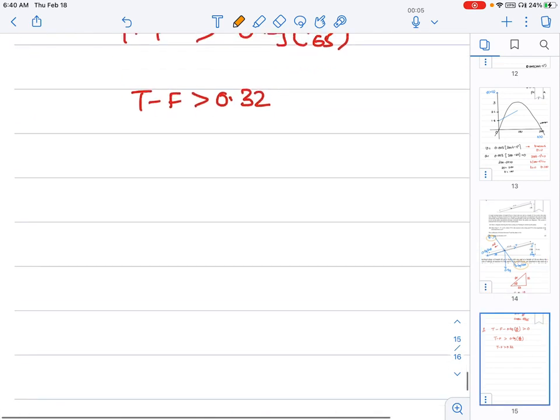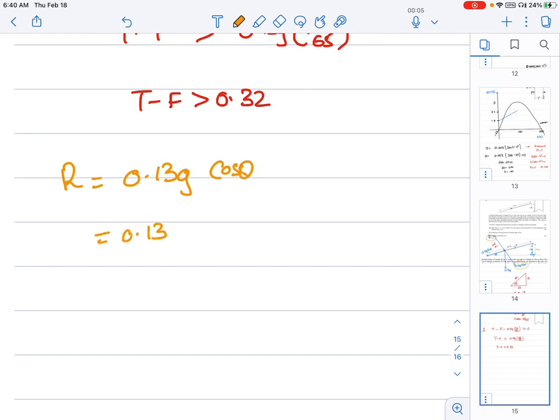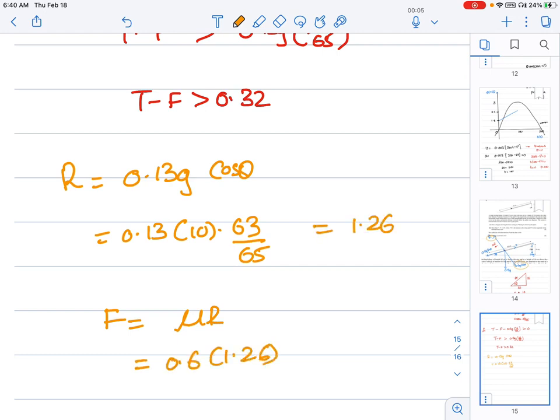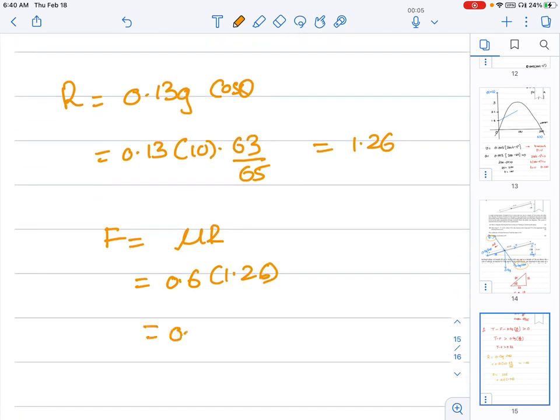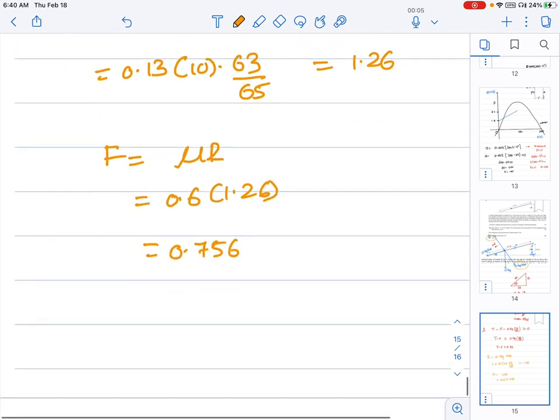So first I find R value. R is 0.13 G cos theta. So 0.13 G is 10, cos theta is 63 upon 65. Then we know that F is equal to mu R. Mu is 0.6. This value, let me write it as 1.26 times 1.26. This value I get as 0.756.